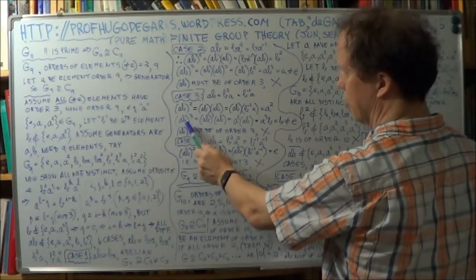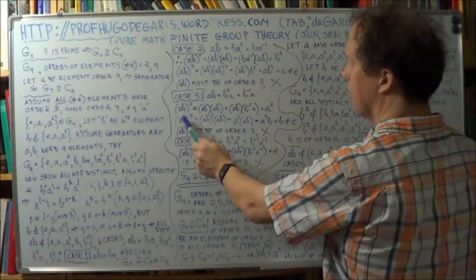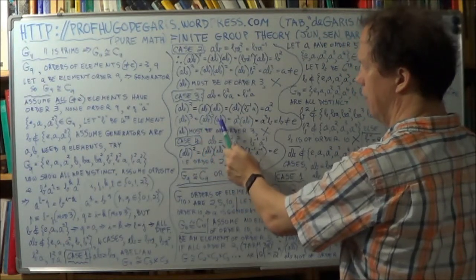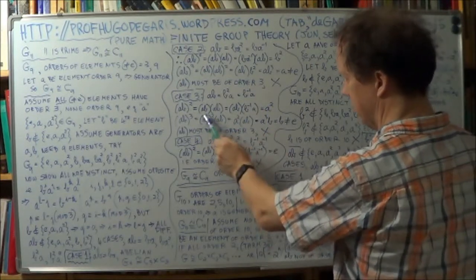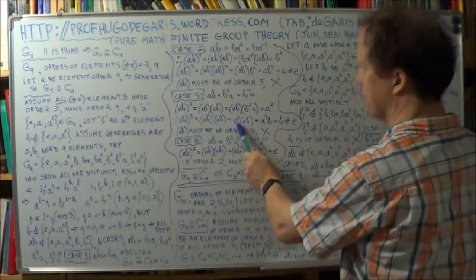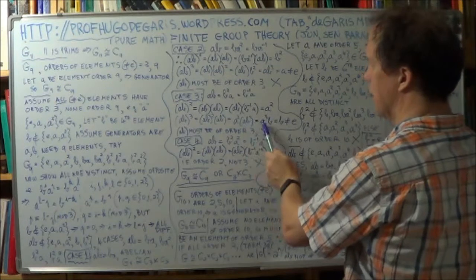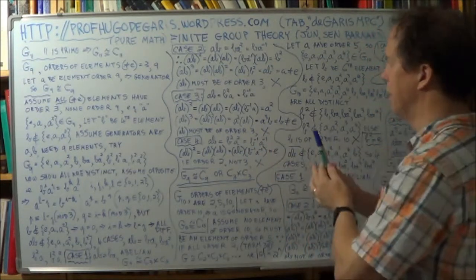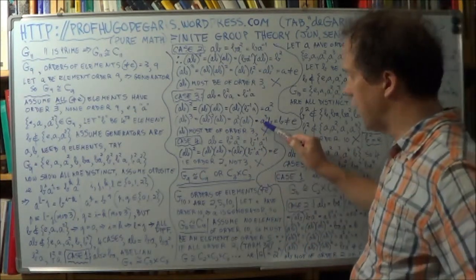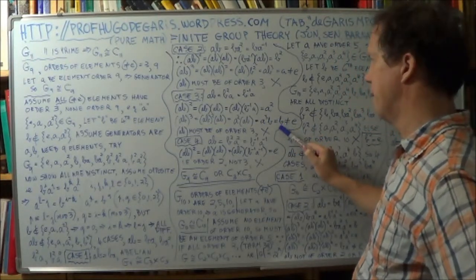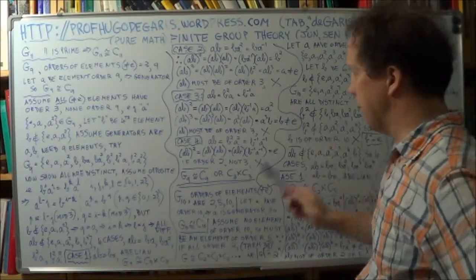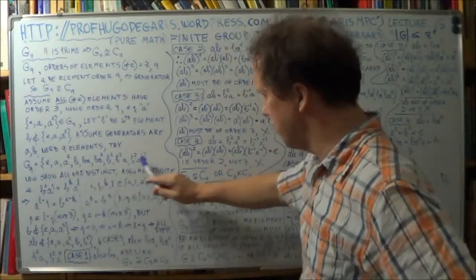Okay, now let's try the third power of this. So AB cubed is AB squared AB. Now what is AB squared? Well, it's A squared. So instead of this, we just write A squared, AB. So that gives you A cubed B, but A cubed is E. A is of order 3, remember? So that's just B. But B is not E. B is distinct. We proved these are all different.